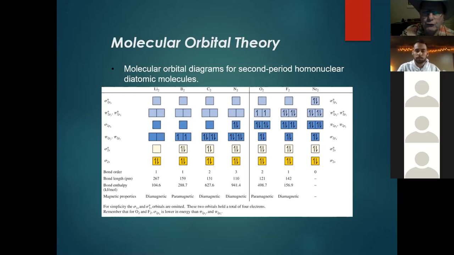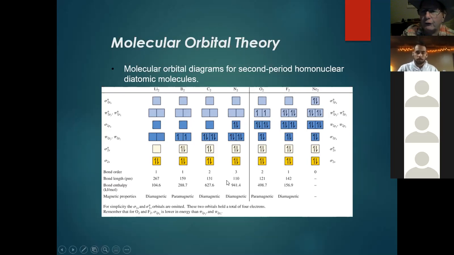So the first thing you do, if you're seeing the molecular orbitals begin with 2s, is you subtract 4 away from the total electrons, because you have put those 4 into the sigma 1s and the sigma 1s antibonding.